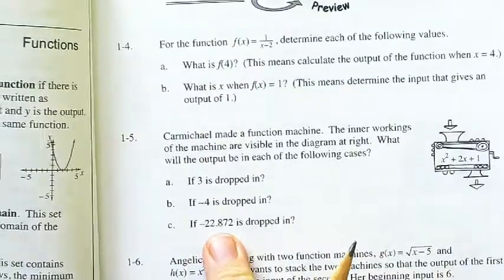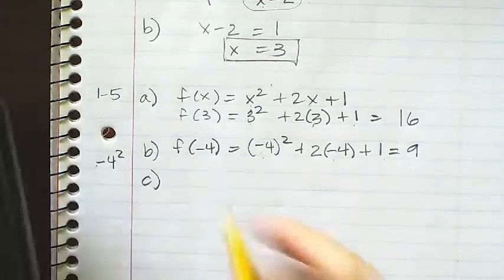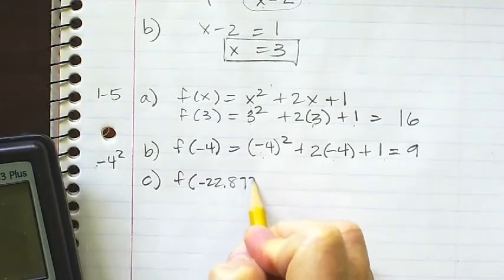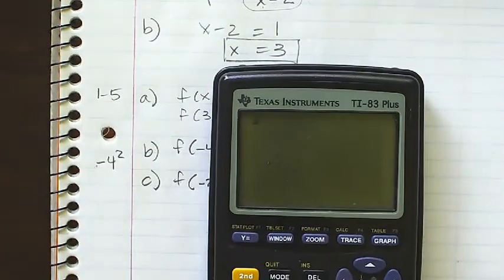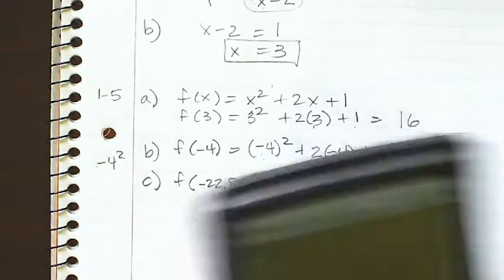Okay, negative 22.872, so let's use a calculator here. I'm just going to substitute negative 22.872 in the place of x. So that's going to give me, and you could do this on Desmos.